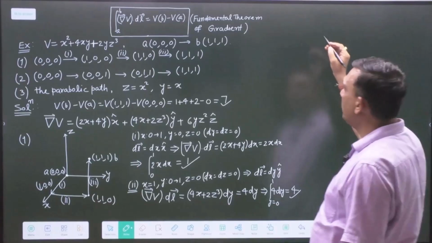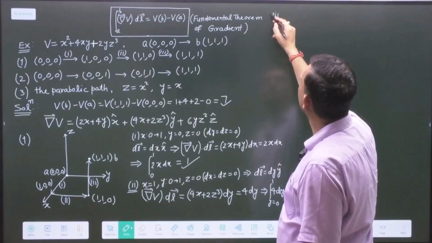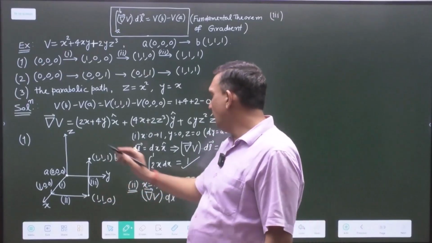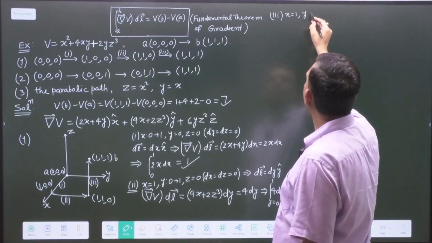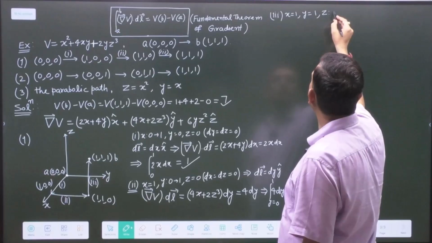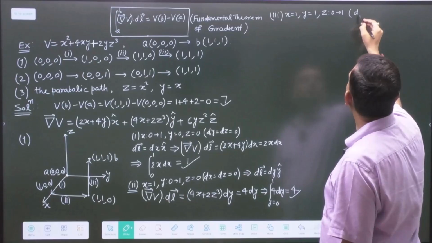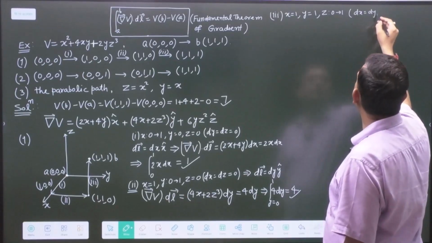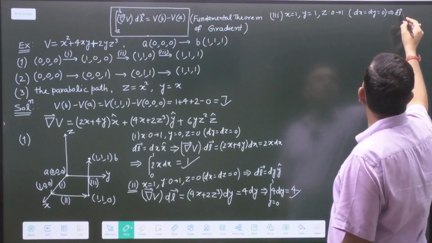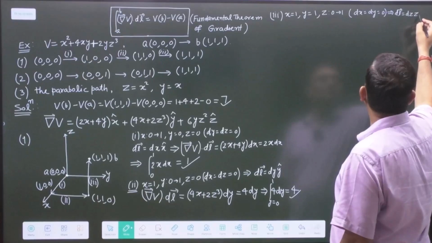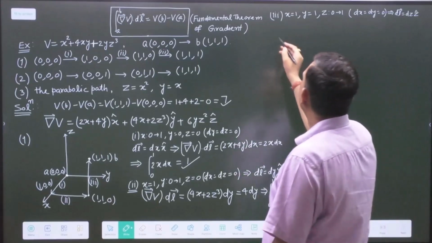Now segment 3. Along segment 3, x is 1, y is 1, but z goes from 0 to 1. So dx and dy are 0, and dl is dz z cap.